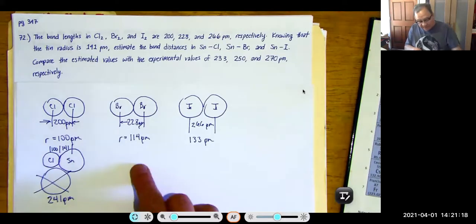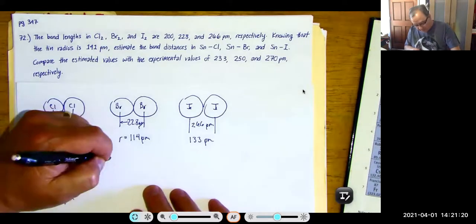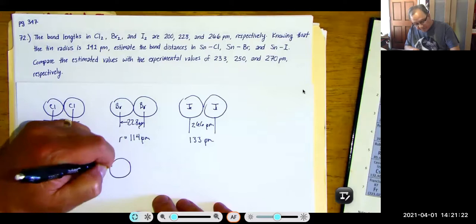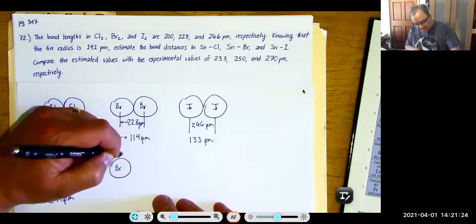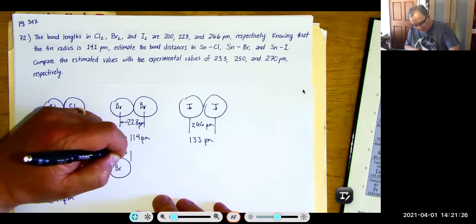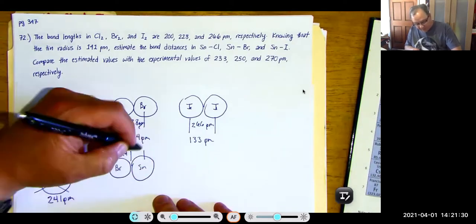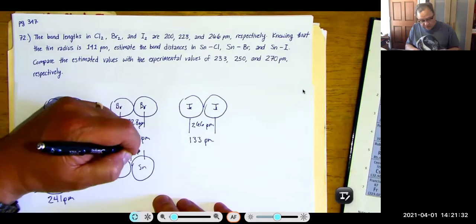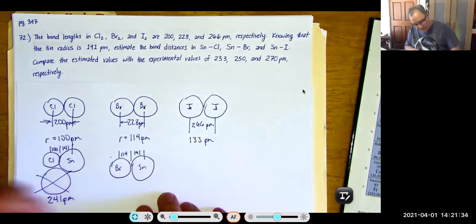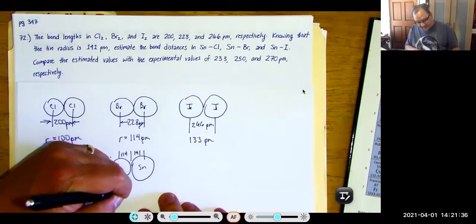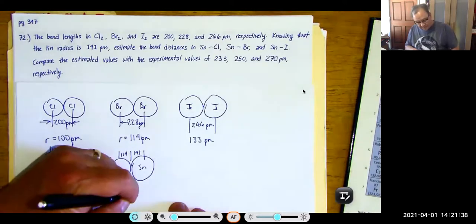Same with bromine and tin. For bromine, I'm going to put my bromine here. And we know that this distance here is 114. So when I put my tin here, this distance is 141. So when we add the two together, we get 256 picometers.